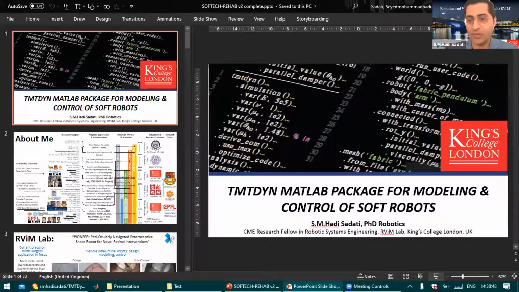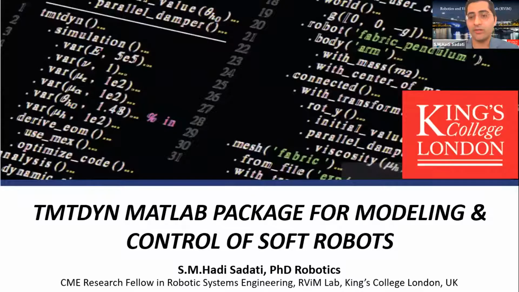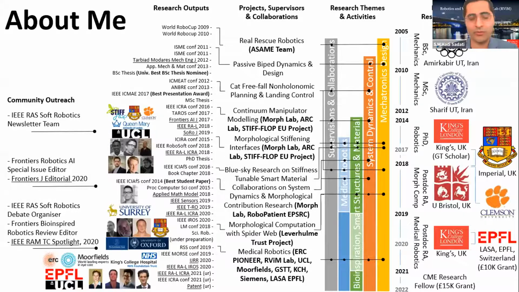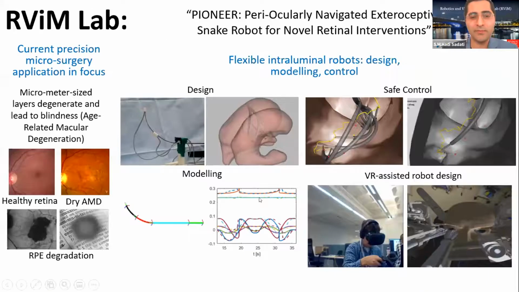Okay, let me share my screen. So today I'm going to present the TMTDyn package. It's a MATLAB package for modeling and control of soft robots. Matteo has already introduced me. At the moment, we're focusing on eye disease using fine continuum manipulator tools that we call concentric tube robots.